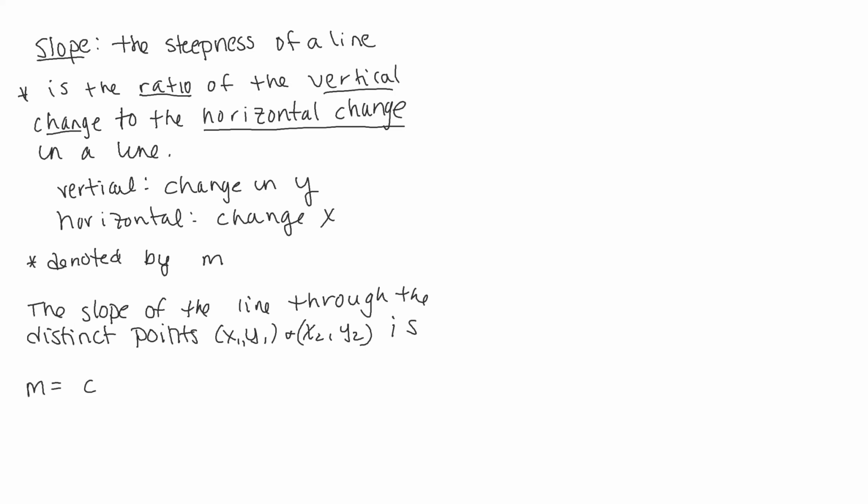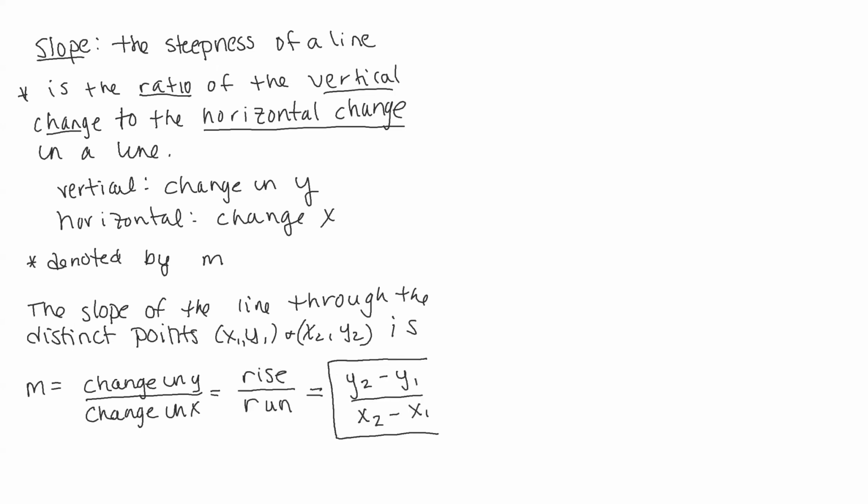So m equals the change in y, that's our vertical change, divided by the change in x, that's our horizontal change. We call the vertical change the rise. So this right here is the formula that we will actually be using for the slope, okay?